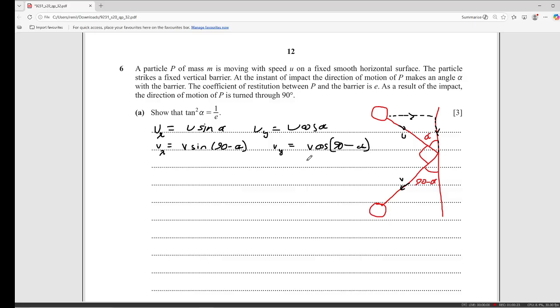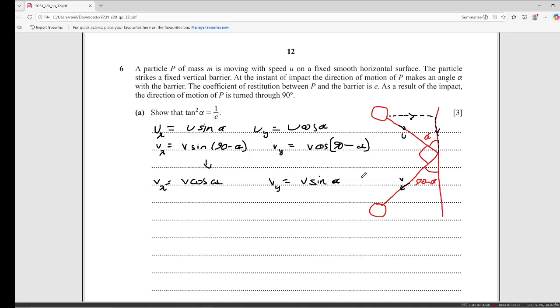Now here's an interesting identity that you have to know. Sine 90 minus alpha equals cos alpha, and cos 90 minus alpha equals sine alpha, and as such Vx equals v cos alpha, Vy equals v sine alpha. Now you should understand that the velocities all relate to each other.